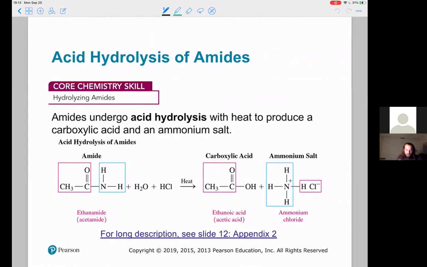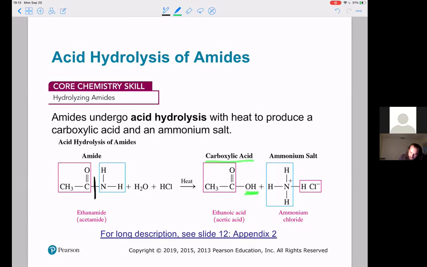We could do the same thing under acidic conditions, and we would get very similar products in the sense that we're still cleaving the amide bond in the same place. But because we're under acidic conditions, we would actually get the carboxylic acid on the other end. So it still has that hydrogen bound.